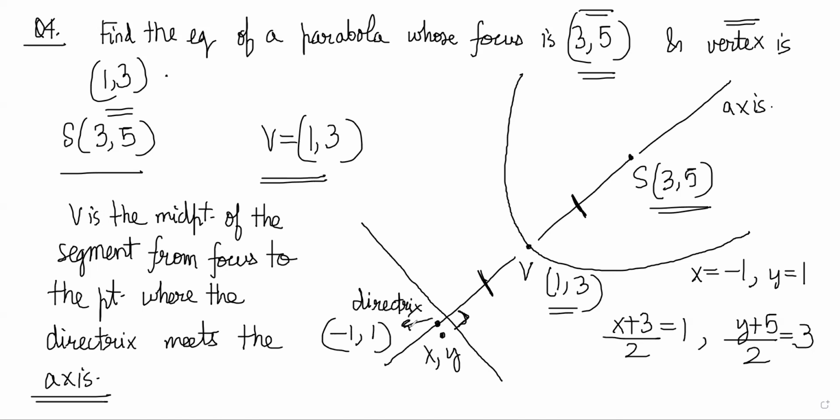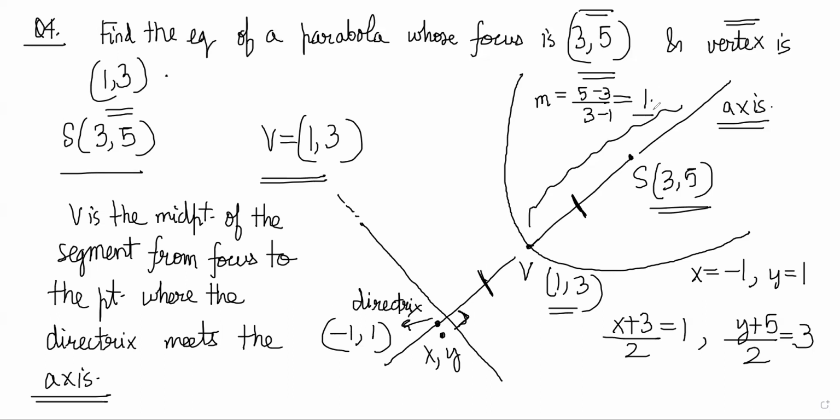Great. And now that I know this point, I can easily find the equation of the directrix. Why? Because I can already find equation of my axis, right? Notice that this line joining vertex and focus is the axis. So the slope of this line we can immediately find. The slope of this line is 5 minus 3 by 3 minus 1, right? So that is 2/2, so slope is 1.